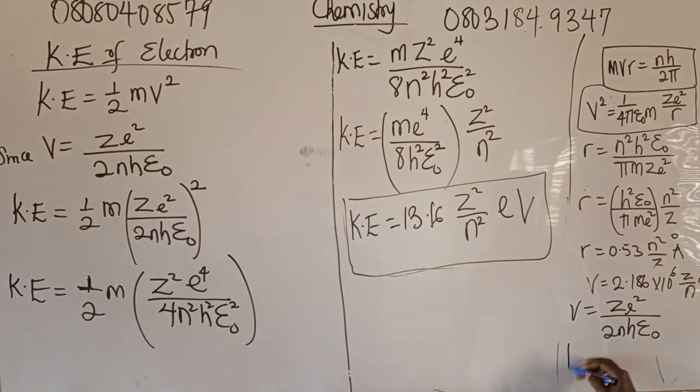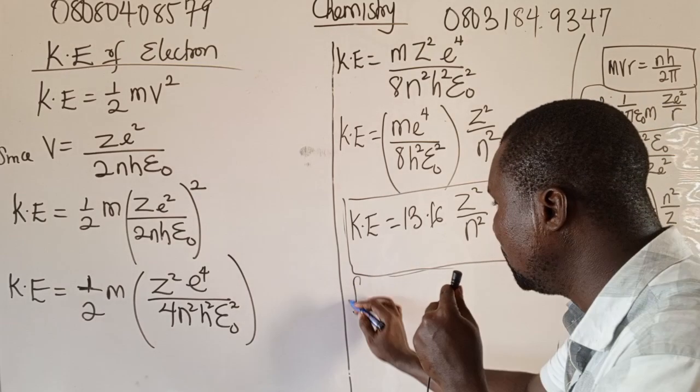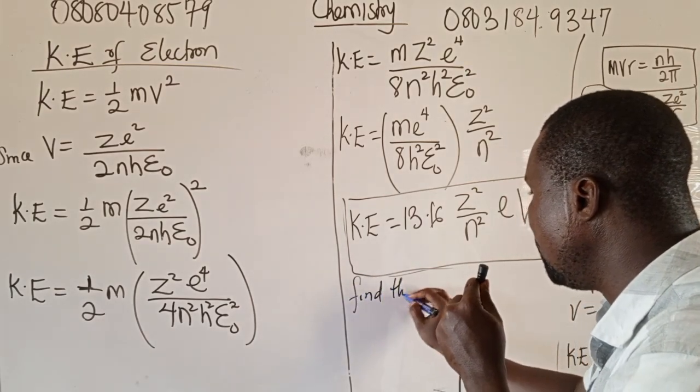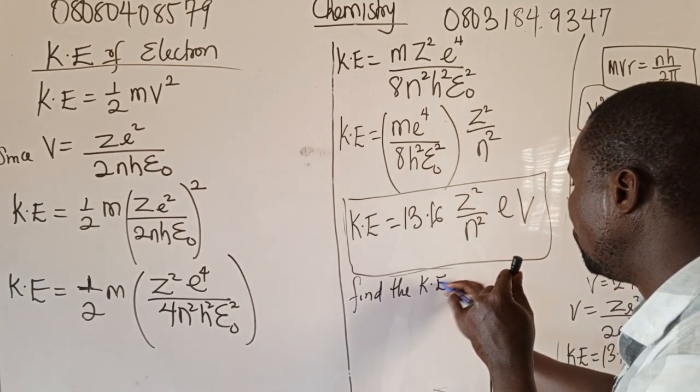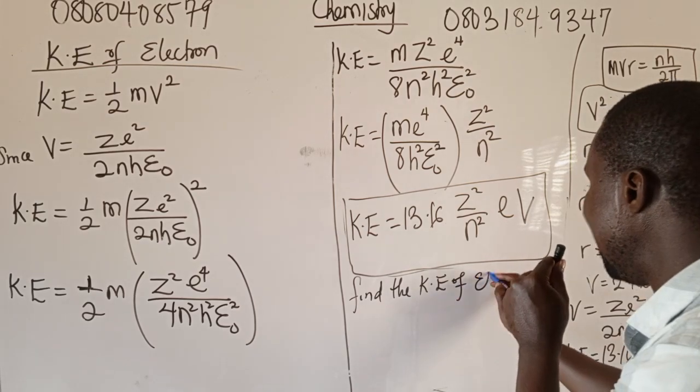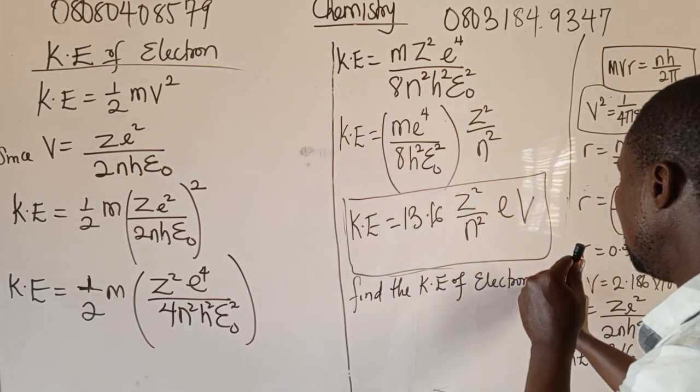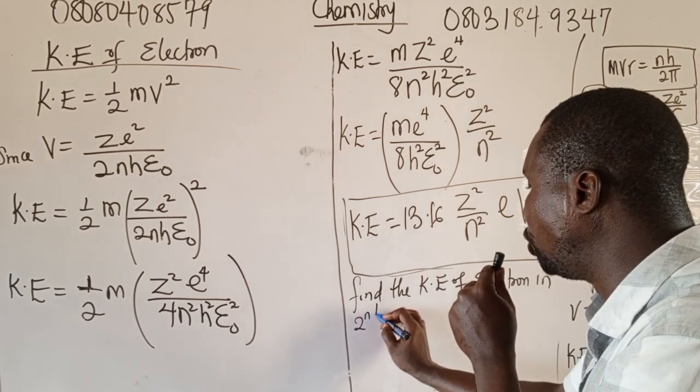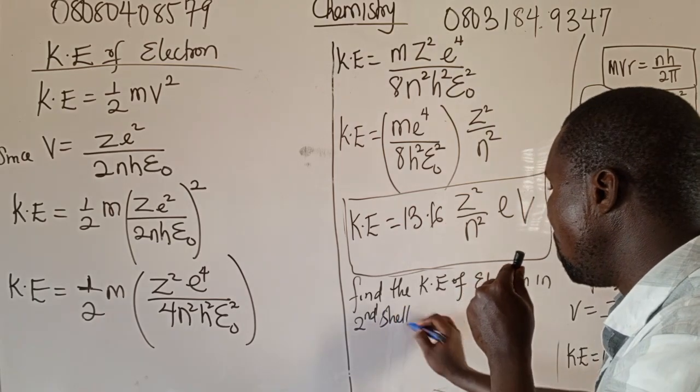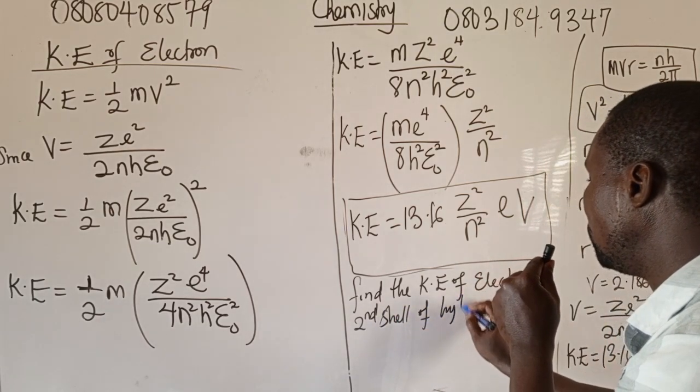Let me write it here: kinetic energy equals 13.16 Z squared over n squared electron volt. Take note of that. Let me quickly do this. Find the kinetic energy of the electron in the second shell of hydrogen.